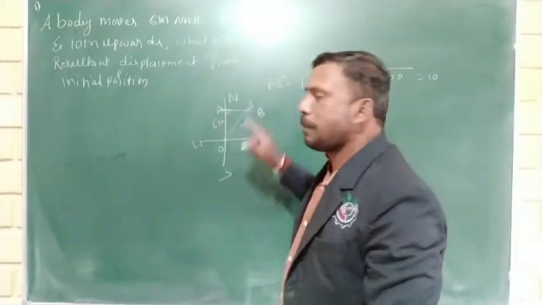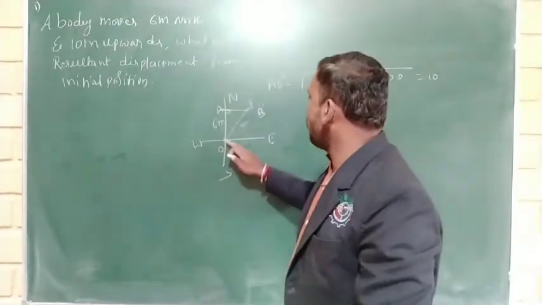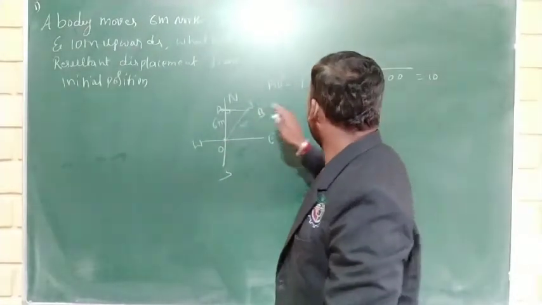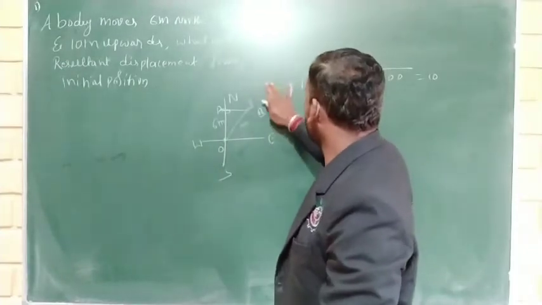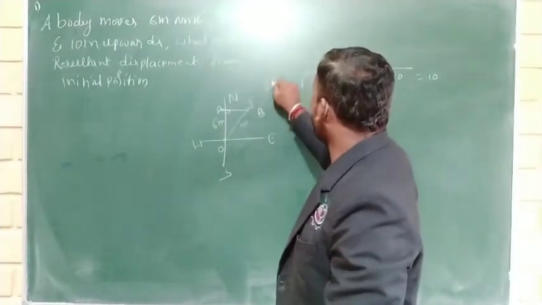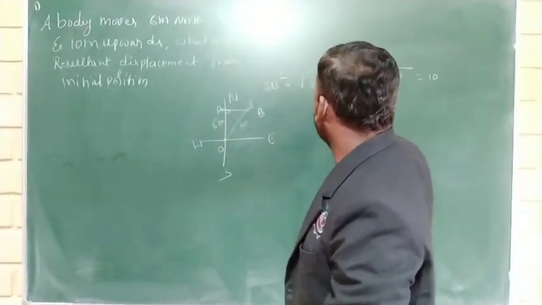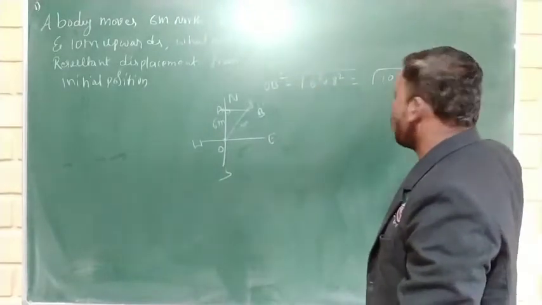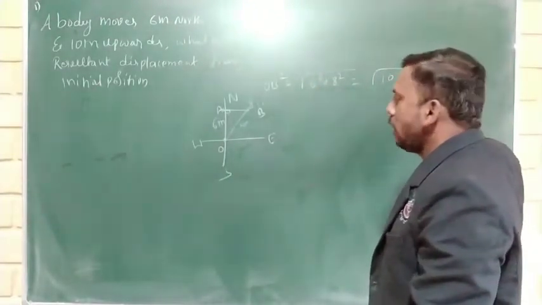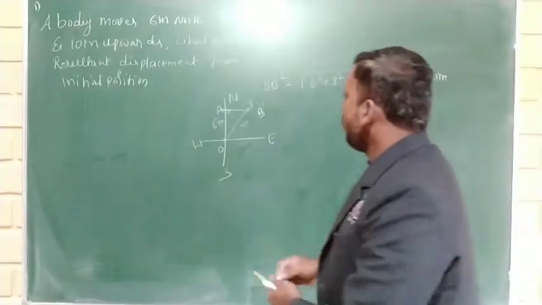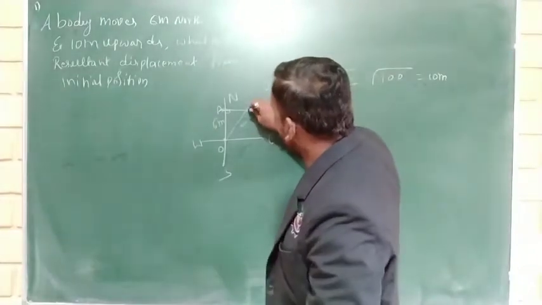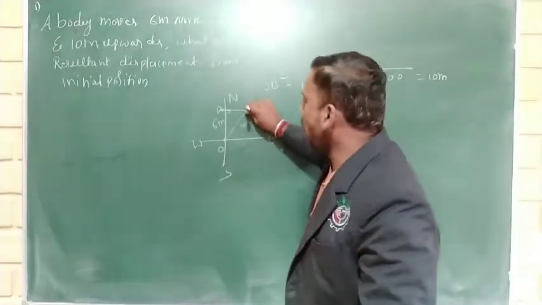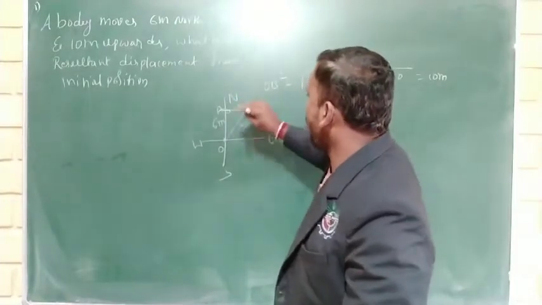From O to B, OB square is equal to 6 square plus 8 square, that is 10 meter. After that, from this point, it moves in upward direction.